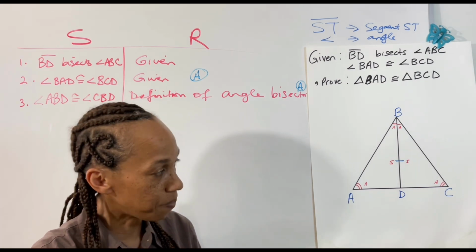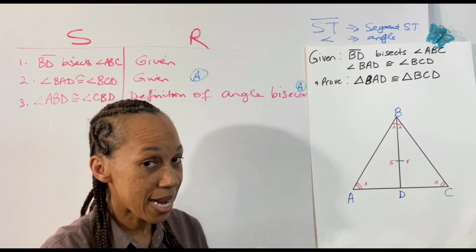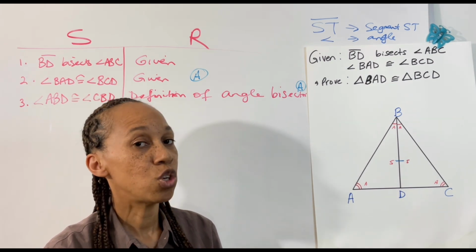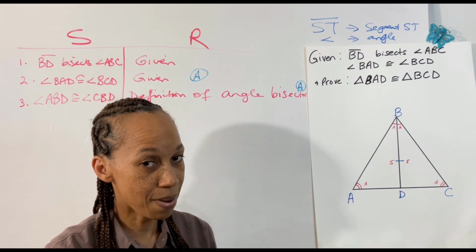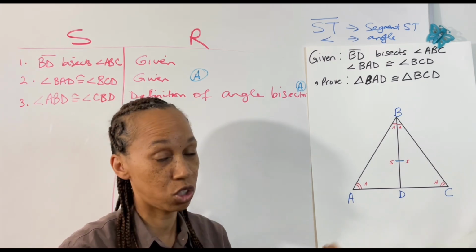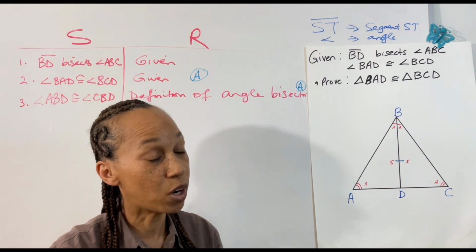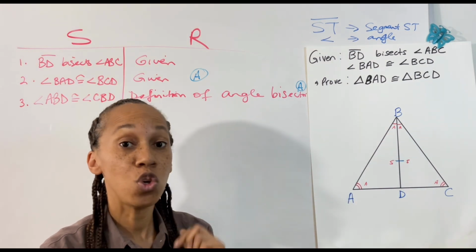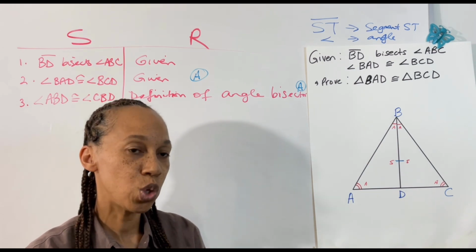So don't make that assumption. It was nothing that was given or stated, so you should not assume. Do not come up with that. You may want to, but please be careful. They specifically spoke about the angle bisector, so use what is given to you.